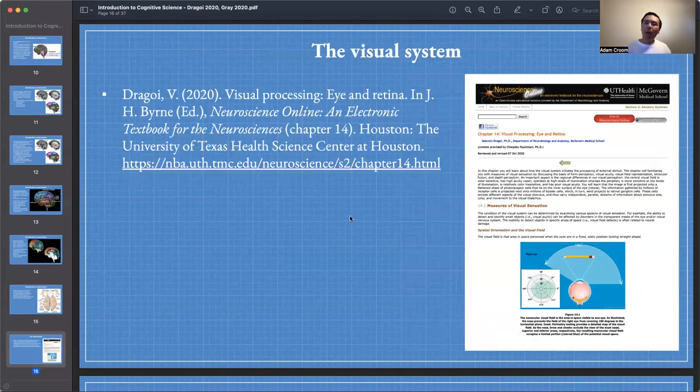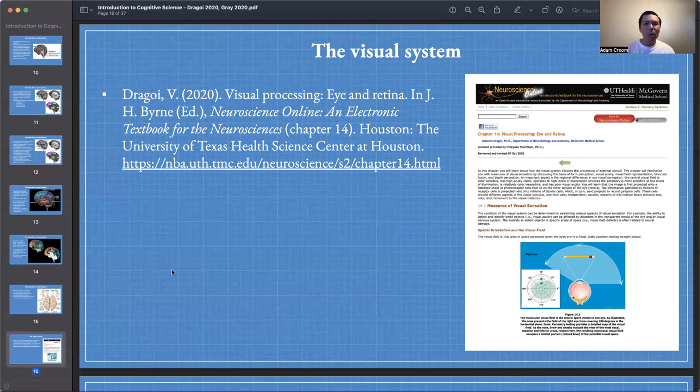All right, now that we looked at some neuroscience methods, we talked a bit about neurons, the nervous system and the endocrine system. We talked about the different regions of the brain and some of their important functions. What we're going to do for the rest of the lecture is talk a little bit about vision and audition in particular, okay?